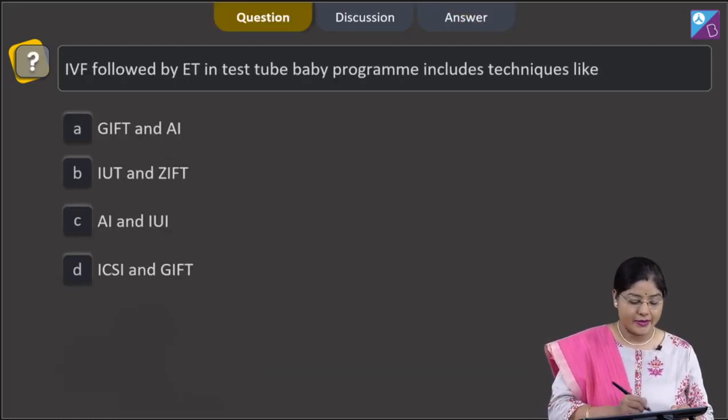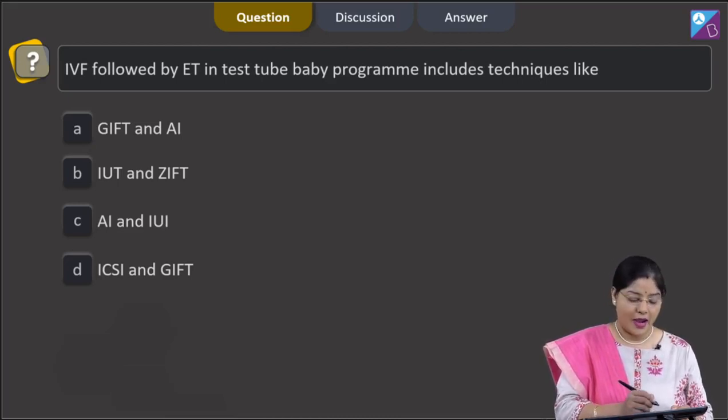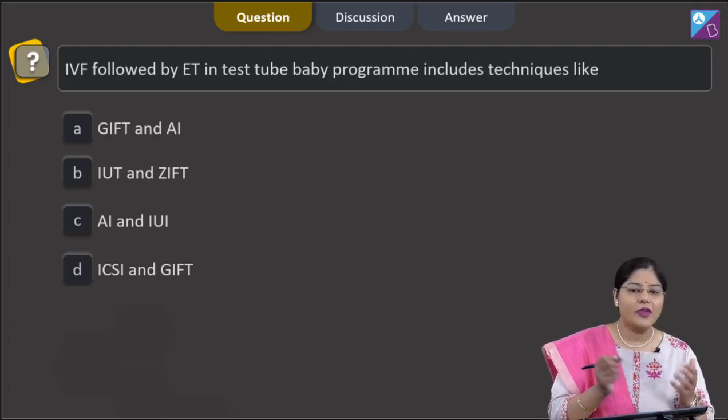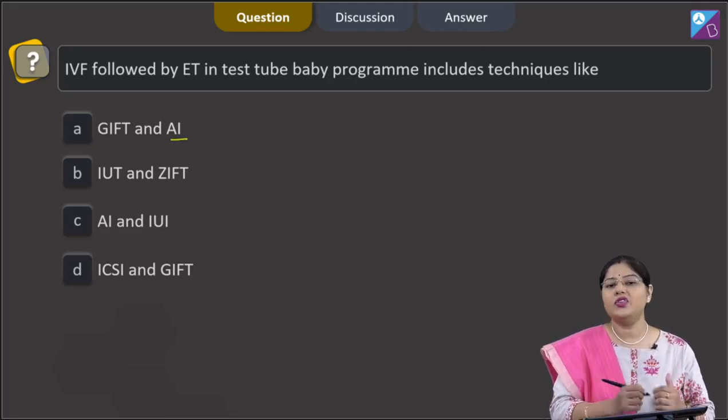Question states that IVF followed by embryo transfer in test tube baby program includes techniques like, and the options given are first option GIFT and AI. GIFT stands for gamete intrafallopian transfer, and in this technique gametes are transferred into the fallopian tube and in vivo fertilization occurs. AI stands for artificial insemination.